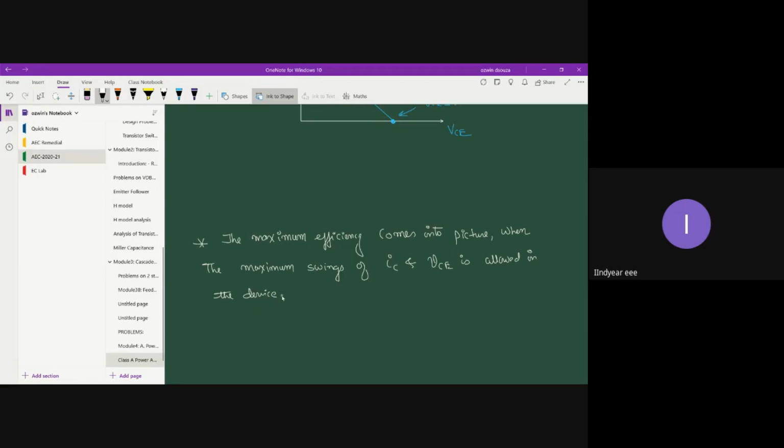So the maximum efficiency comes into picture only if you allow the maximum signal to flow through the device. You should allow the maximum current to flow and you should allow the maximum voltage to appear across the load terminal. So this is the condition for maximum efficiency.